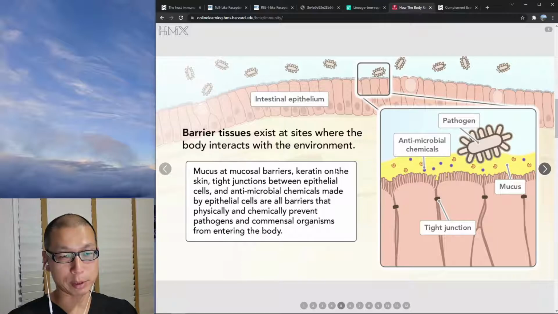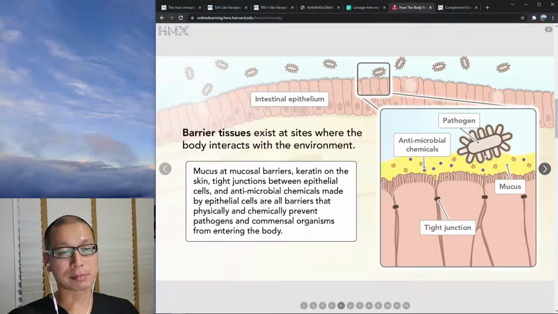It has a thin layer of mucus on it, and in the mucus there's a bunch of antimicrobial chemicals like defensins, lysozyme, and lactoferrin, all these little proteins that try to kill the viruses and bacteria that get in there. So that is a layer of defense. The mucus protects you, and then there are tight junctions that seal between the cells so that things can't get in between the cells. So basically, your first line of defense is just having a barrier.